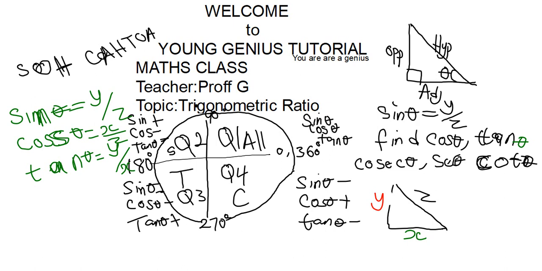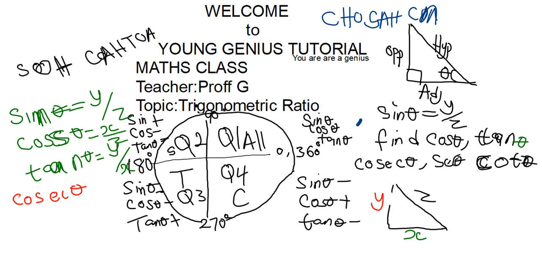So now what is our cosec? There is a formula that I also want to introduce to you. I'm going to write it here. Sorry, let me clean this and write it very well.